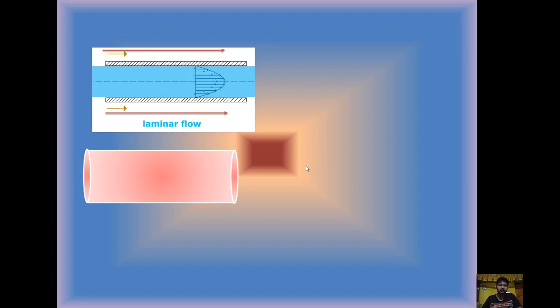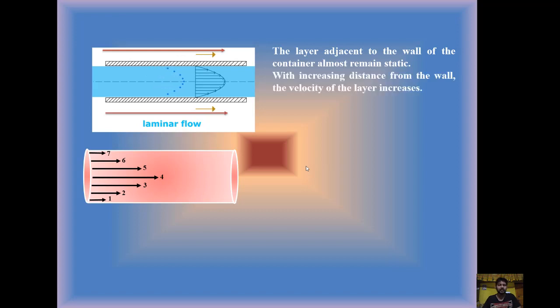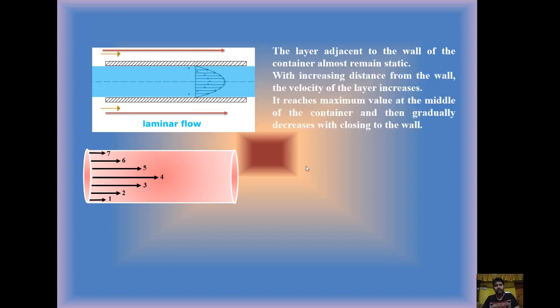Let us consider the liquid is water. Different layers have different velocities, and I am marking the layers 1, 2, 3, 4, 5, 6, 7. The layer adjacent to the wall of the container almost remains static. We are assuming that.